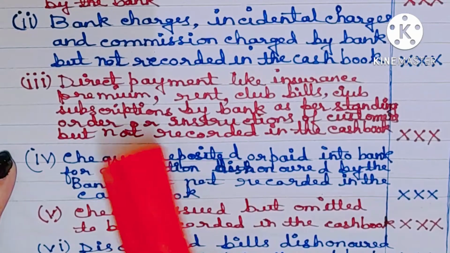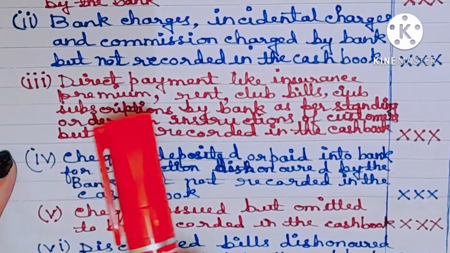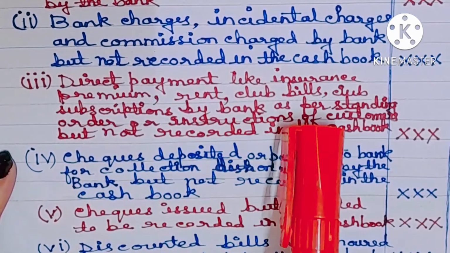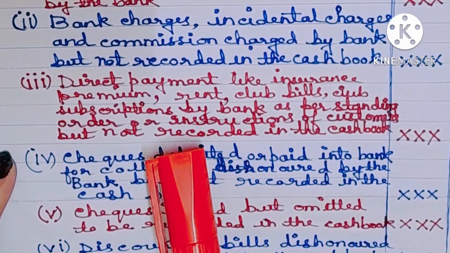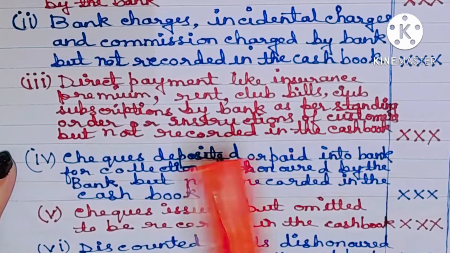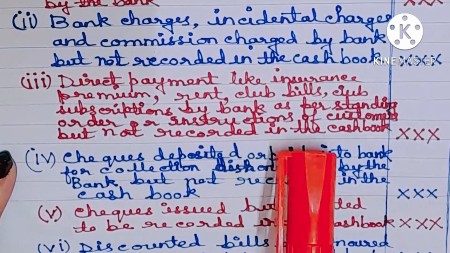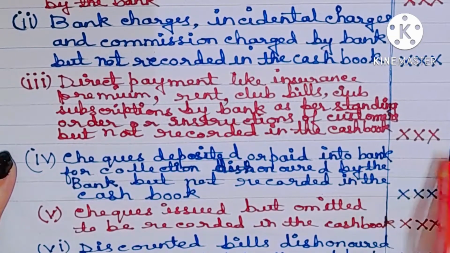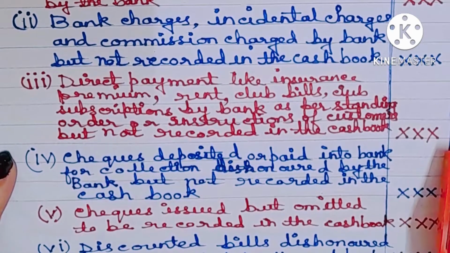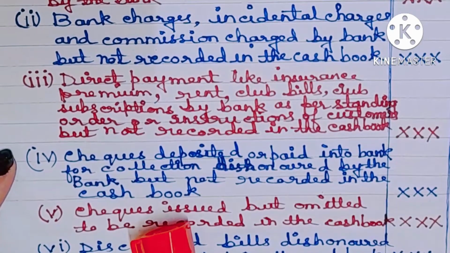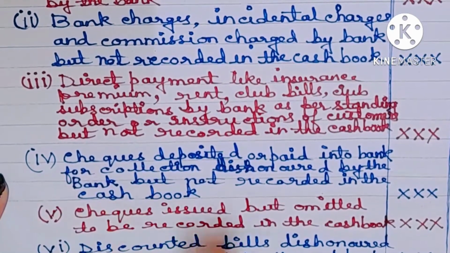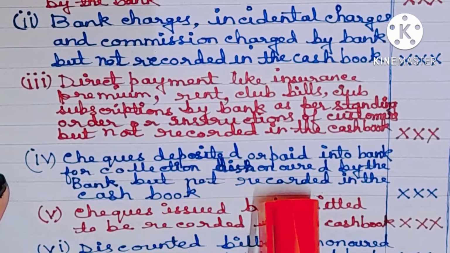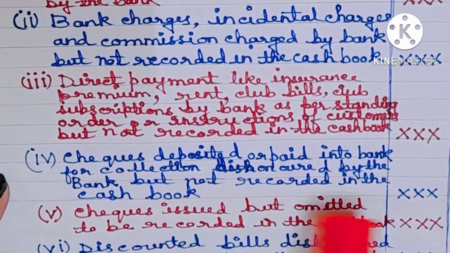Number 3. Less direct payment like insurance premium, rent or club subscriptions made by bank as per standing order or instructions of customers but not recorded in the cash book. The amount goes in the inner column. Number 4. Less checks deposited into bank for collection, dishonored by the bank but not recorded in the cash book.